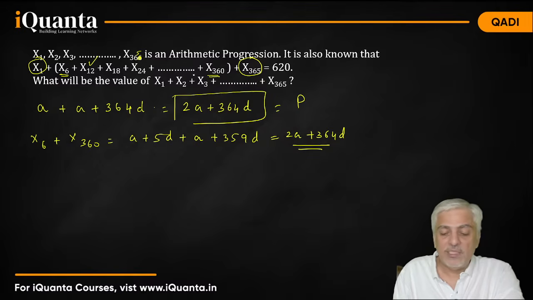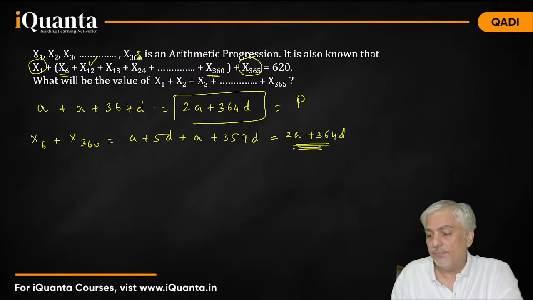Same way the 12th term and the one term before 360th term will also come out to be the same thing. So hence logically what will you get? So this will also become P.